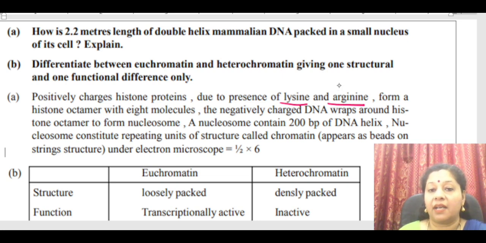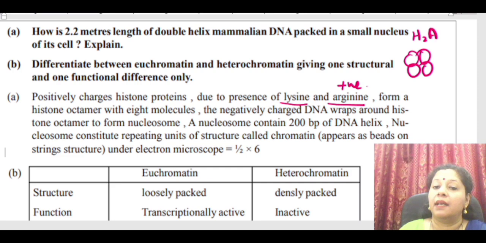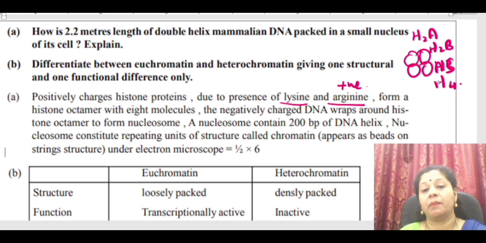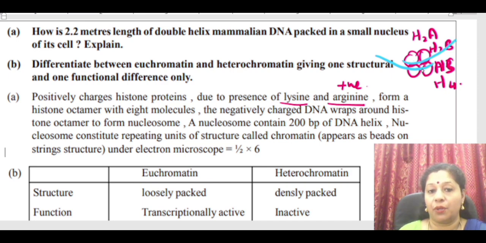It forms a histone octamer using 4 types of histones, H2A, H2B, H3 and H4. Negatively charged DNA wraps around this histone octamer to form a nucleosome. DNA being negatively charged can attach to these positively charged histone proteins.